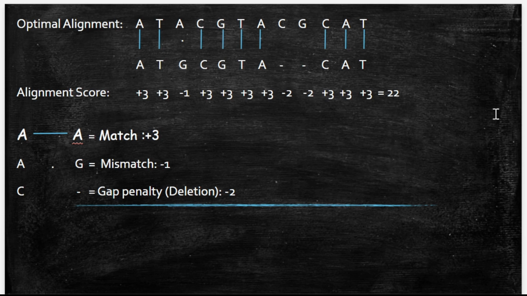Here we can perform our alignment score or confirm our optimum score in the alignment matrix by using the positive parameters for match, mismatch, or the gap penalty, each one corresponding to the aligned sequence. So the positive 3 corresponds to the match, the negative 1 to the mismatch, the negative 2 to the gap. And that is just how we find our optimum local alignment.